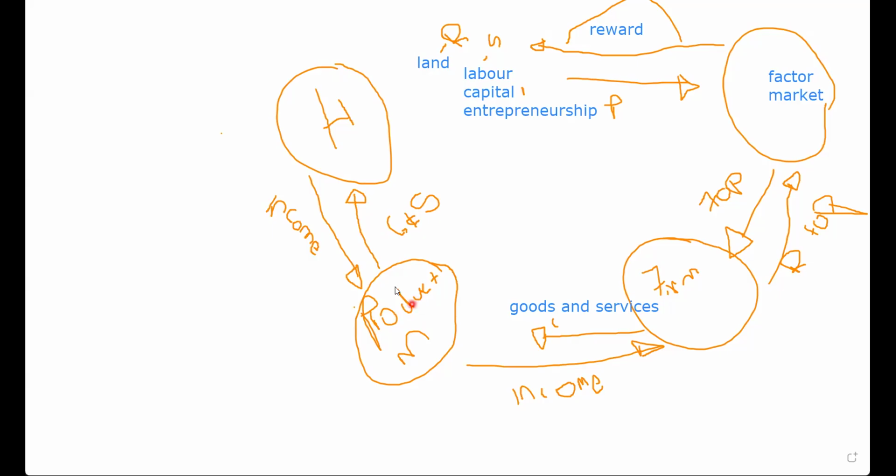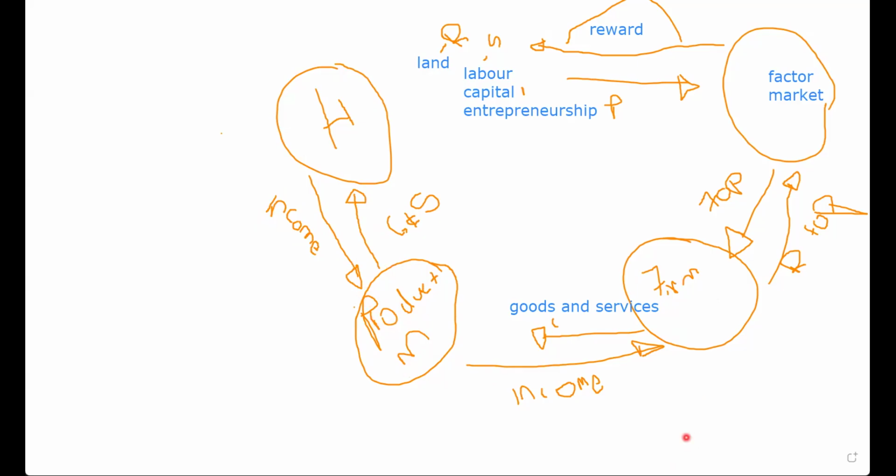So now the product markets will sell goods and services to the households, and the households will pay for these goods and services, which is going to be an income to the products market. So the payment for goods and services will be an income to the products market. And also here the payment for goods and services to the firm will be an income to the firms. Okay, let me go back here.